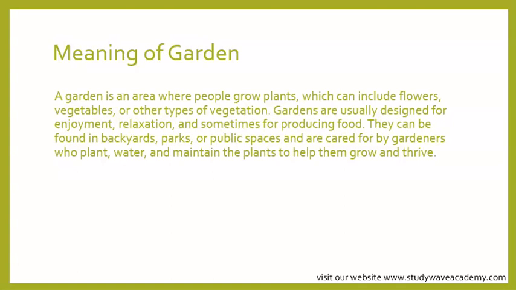A vegetable garden is a special kind of garden where people grow plants that produce vegetables, okay, which are the parts of the plants that we eat, like tomatoes, carrots. It's like having your own small farm for growing healthy and fresh food right at your backyard or a designated area.